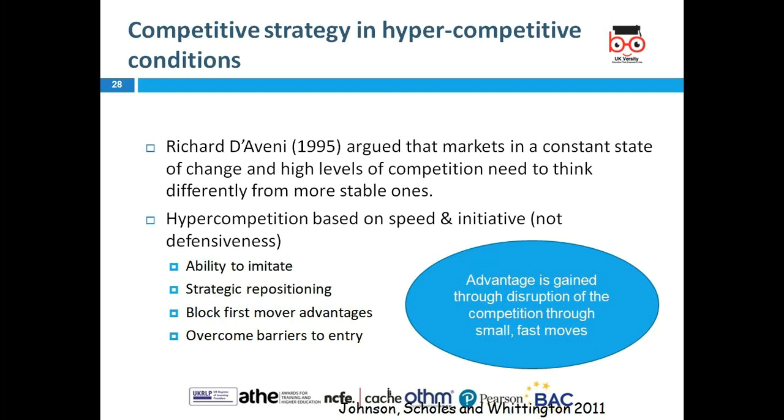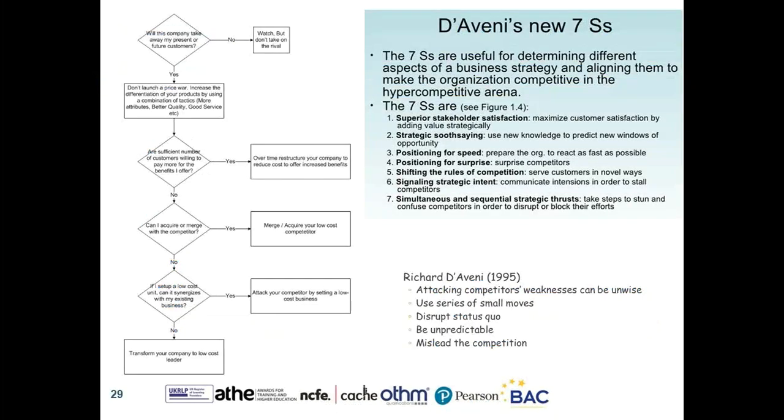A high level of competition needs to be thought about differently from a more stable one. Hyper competition is based on speed and initiative, not defense: the ability to eliminate, strategic repositioning, block first mover advantage, and overcome barriers to entry. Advantage is gained through the disruption of the competition through small and fast moves.